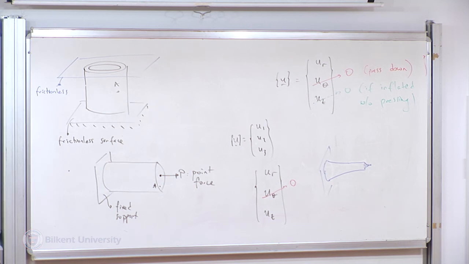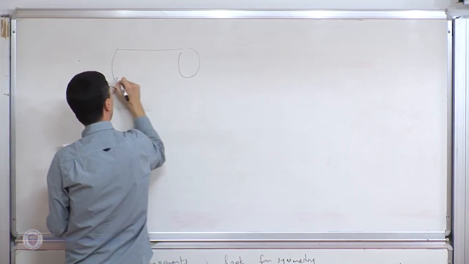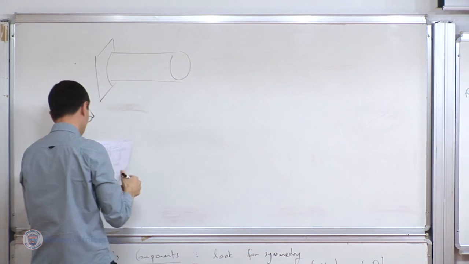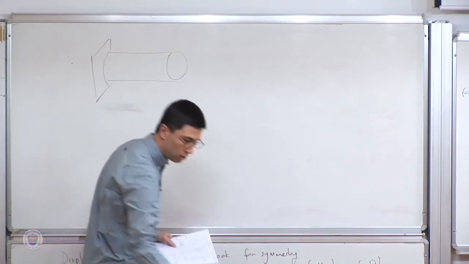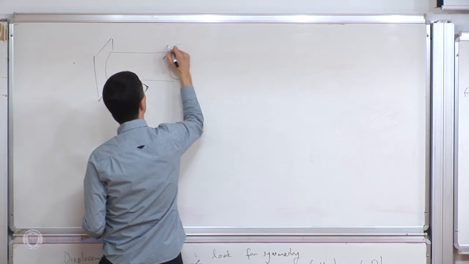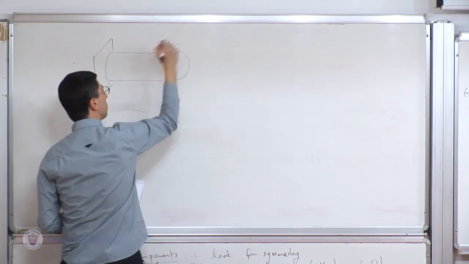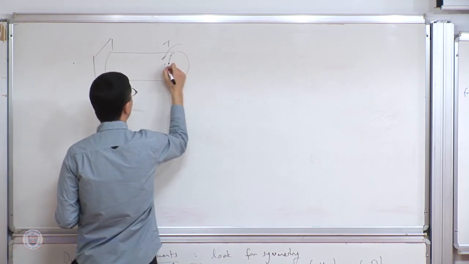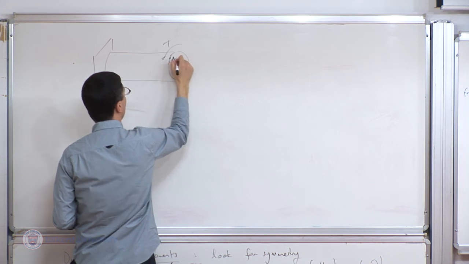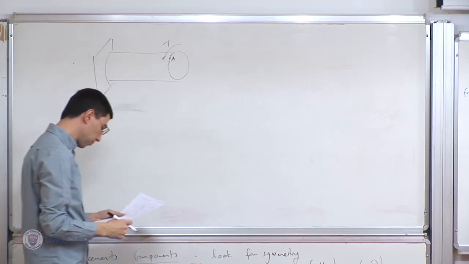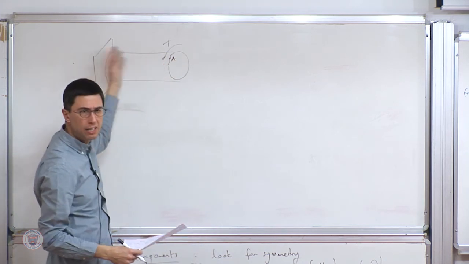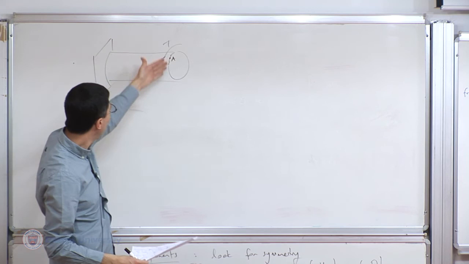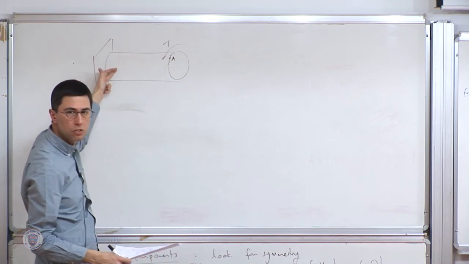Yet another example. So we're going to apply a torque. Okay. And let's look at this point A. For that matter, you could be looking at any points on the cross section or along the axis of this cylinder.